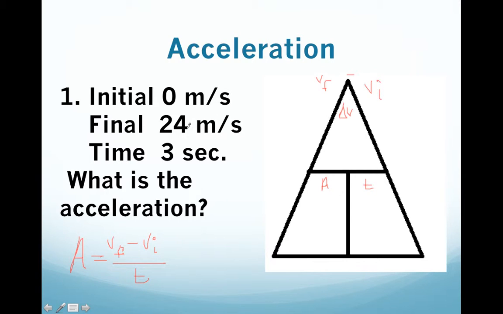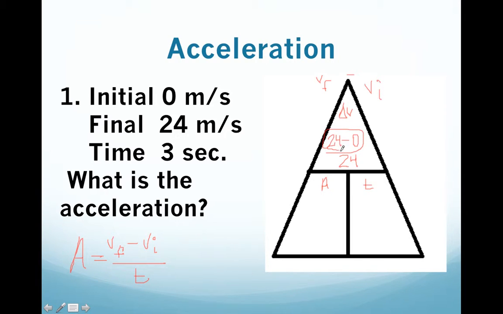Okay, so on here we go from 0 to 24, 24 minus 0, that's your final one there, in 3 seconds. So the final is 24 minus 0, and 24 minus 0 is actually 24. So I'm going to circle that.